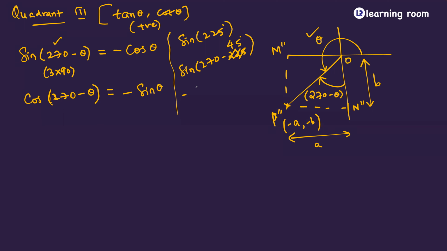This will be minus cos 45. So sine 225 is equal to negative of 1 by root 2. Am I clear with this? Similarly, if you want cos 225, it will be minus sine 45.